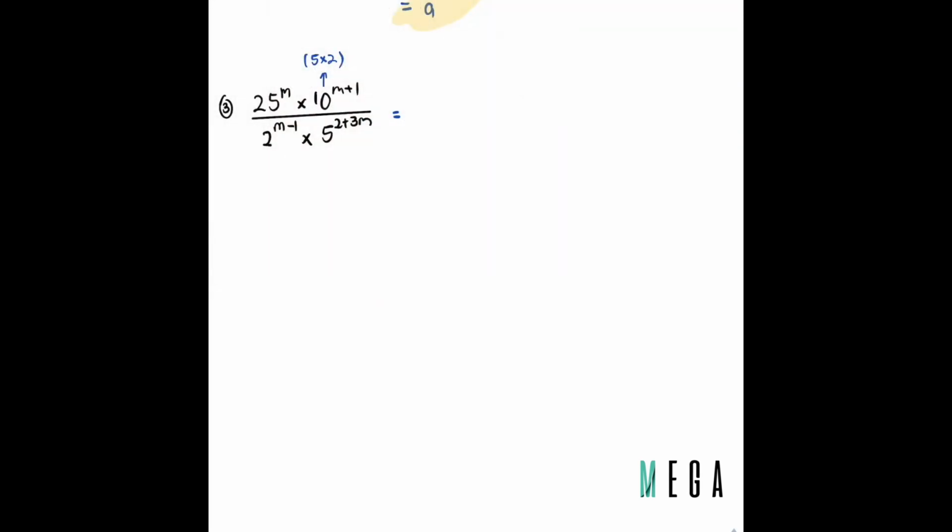So 25, I can write it as 5 squared to the power of m multiplied by 5 multiplied 2 to the power of m plus 1 divide by 2 to the power of m minus 1 multiplied by 5 to the power of 2 plus 3m. So 5 squared m, I can write it as 5 multiplied by 2m, the power, you will need to multiply here as long as the 2.